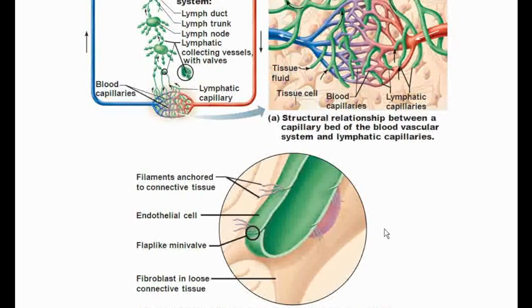What else is special about this capillary compared to blood capillaries? Okay, the flaps. Look at these little mini flap valves right here. Because we have these anchors, it can push on the wall, and that wall forms a little flap valve that will open up and it will allow stuff to move in. So you're right. You both said it in different ways. It's how it exchanges.